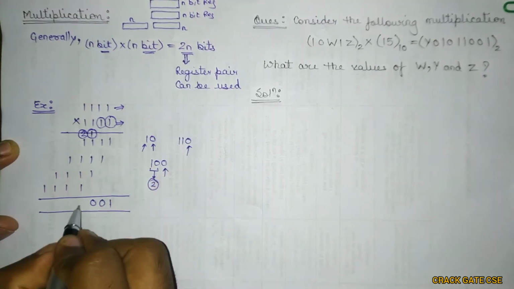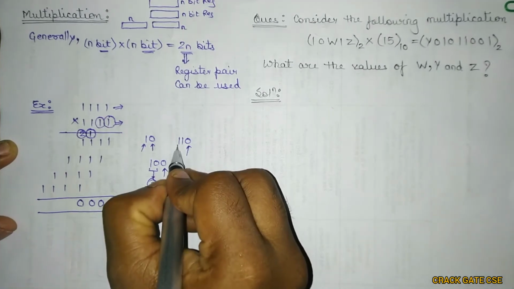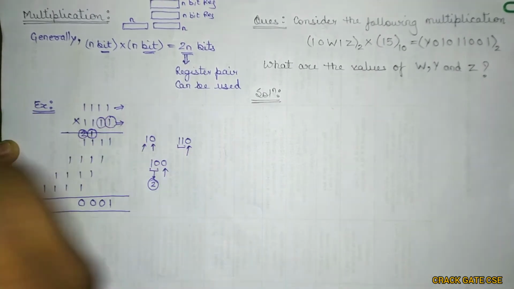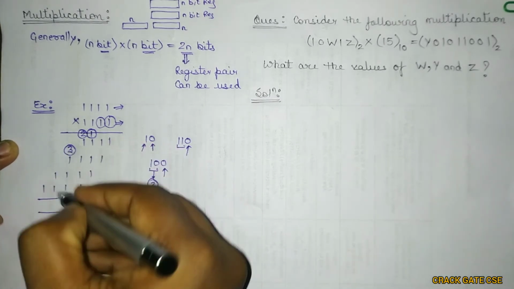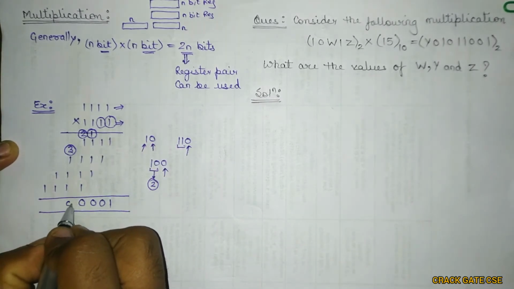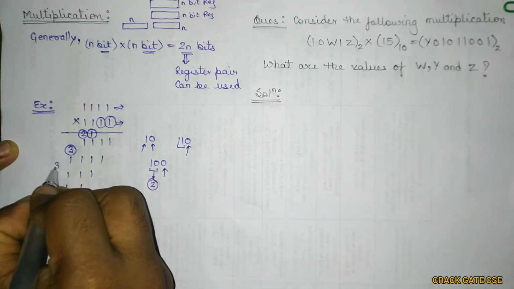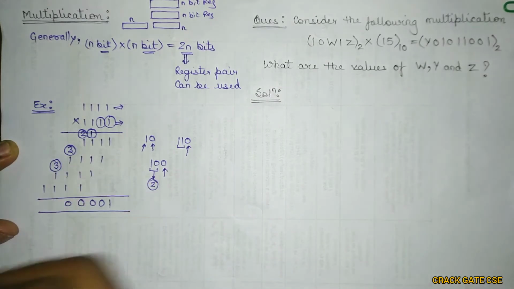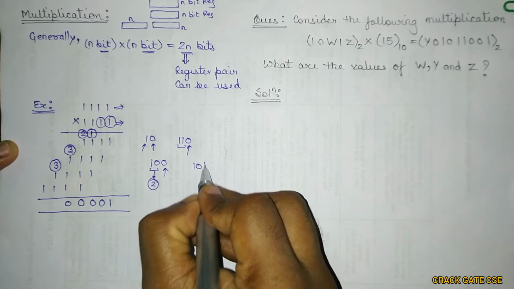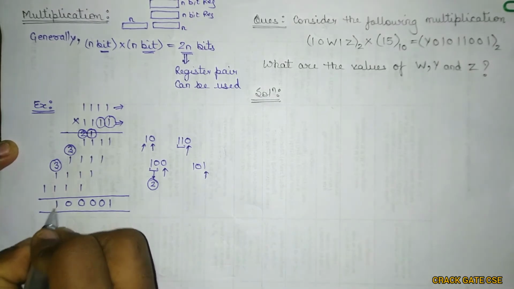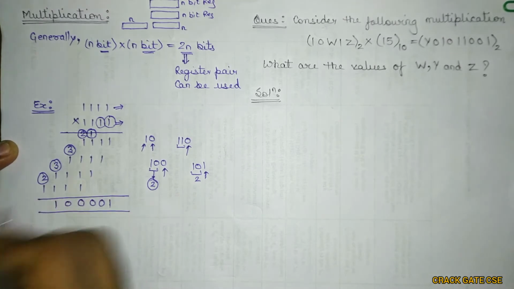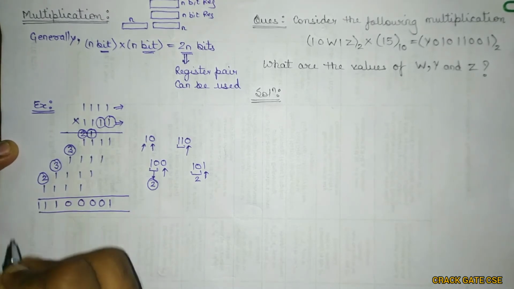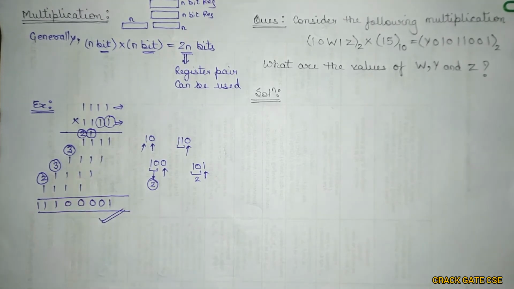So this 0 will be here and this 11 is 3, that means this 3 will be carried to the next bit. Now this 3 plus 3 is 6, so again 0 will be here and this 3 will be carried. Now this 3 plus 2 is 5. 5 is 101, so this 1 will be here and this 10 is 2, so 2 will be carried here. Now 2 plus 1 is 3 and 3 can be written as 11. So this is how you can perform the multiplication operation.